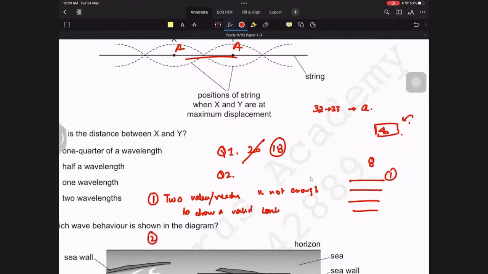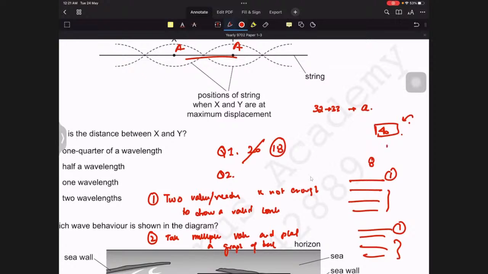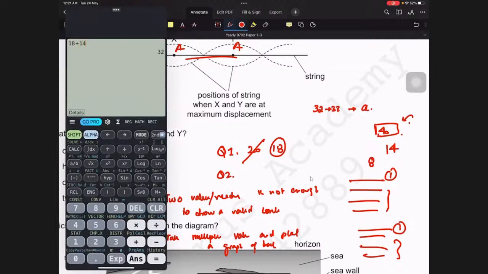Then the remedy is to take multiple values or more values and plot a graph of best fit. Do not write take average because that would be wrong. In the other 4 you get 1 mark, right, Anusha? Let's suppose you get these all wrong. You're still going to get 14, correct? So 18 plus 14 is 32. That makes an A. Do you understand?